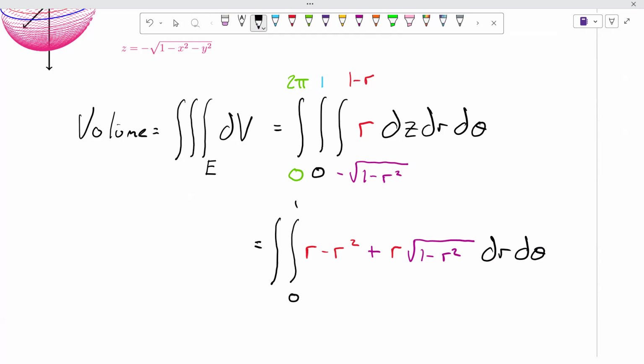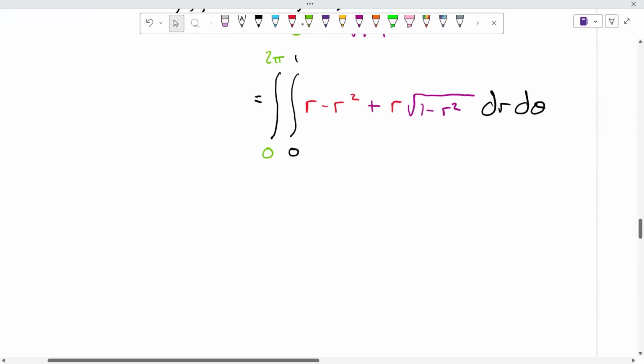Still from 0 to 1, and theta still from 0 to 2 pi. Now, that thing ought to get integrated. So let's give it a shot. If I'm going to do my dr integral, I'm just evaluating between 0 and 1.